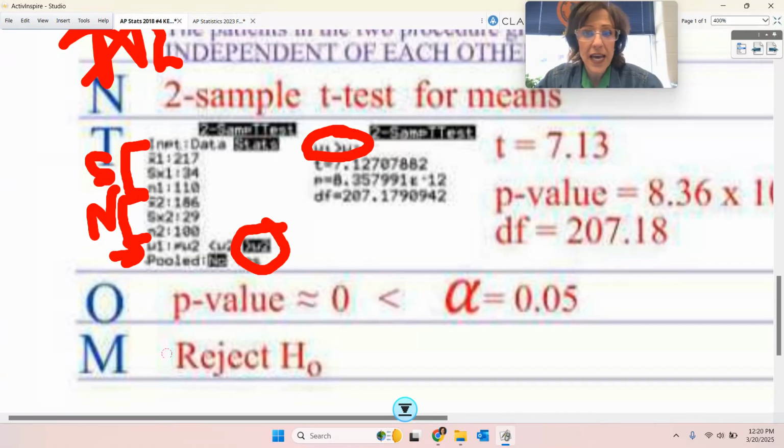And so once I do that, I get a t-score of very large, 7.13. Now look at this p-value, 8.36, and you can't have a p-value greater than 1. So if that happens, look at the end. This p-value is 8.36 times 10 to the negative 12th.